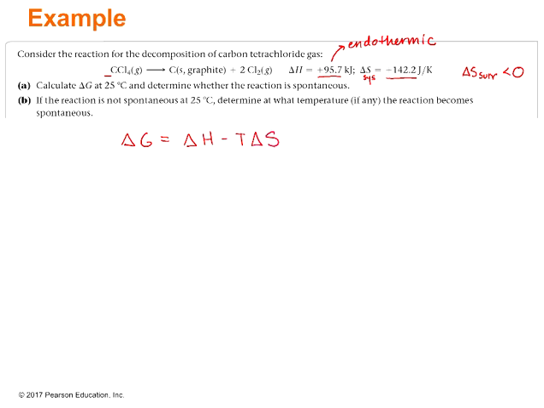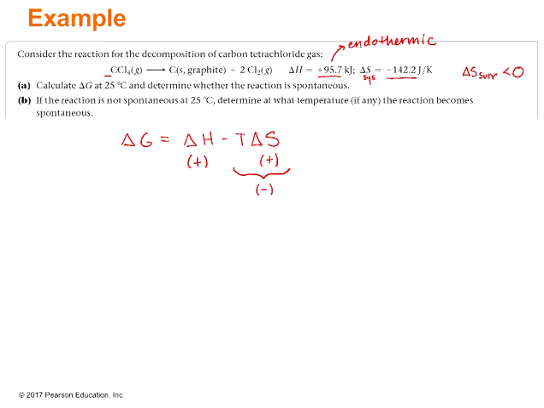And we also talked about the signs of the delta H and delta S and how that affects delta G. So here, again, we have a positive enthalpy and a positive entropy, but the T delta S overall will be negative because delta S is positive and we have a negative T there in front. So this is going to depend on the temperature, whether this is spontaneous or non-spontaneous.